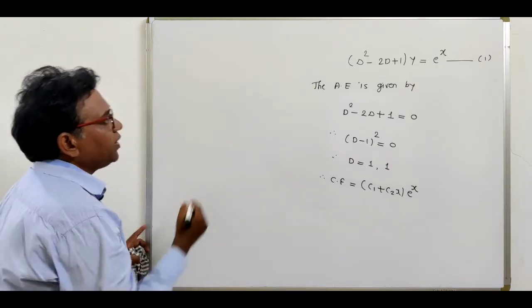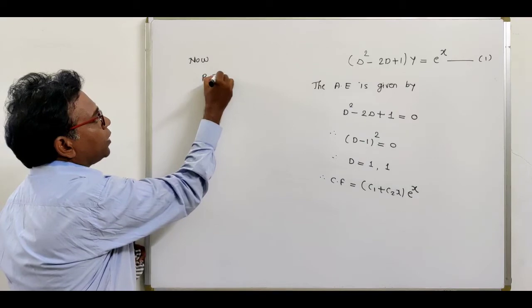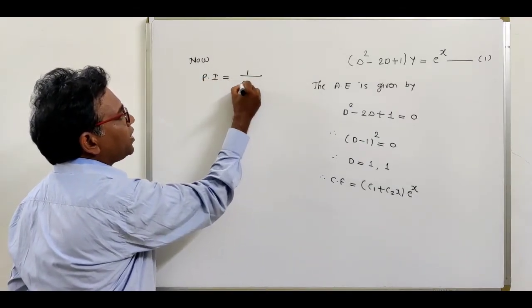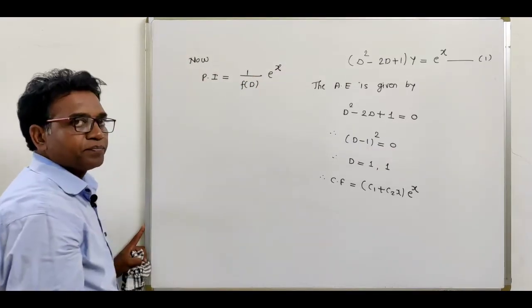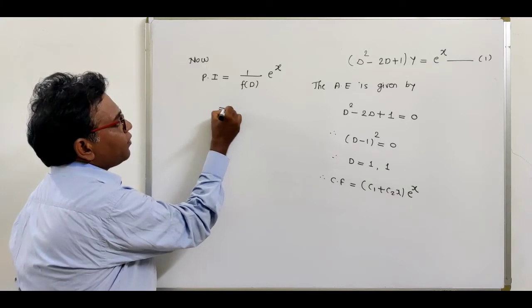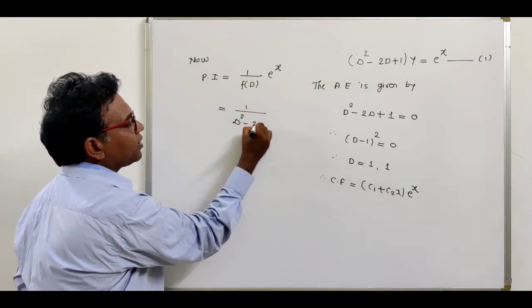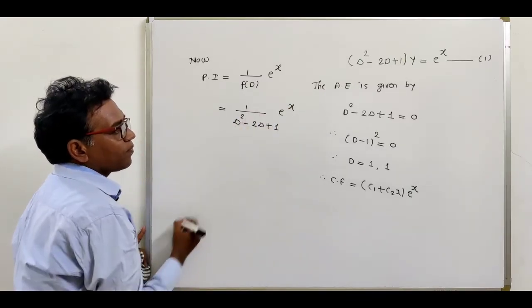Now write down the particular integral. This is the format for particular integral: 1 upon f(D) into right hand side. So this is equal to 1 upon f(D), means this differential term D squared minus 2D plus 1, into e raised to x.